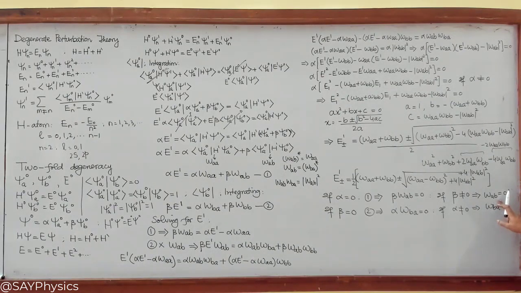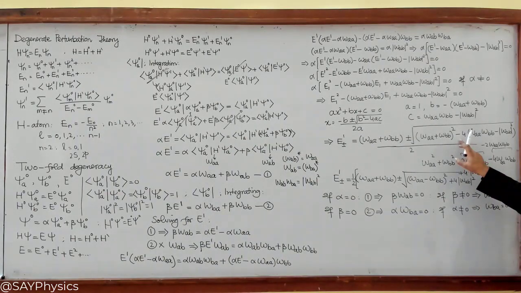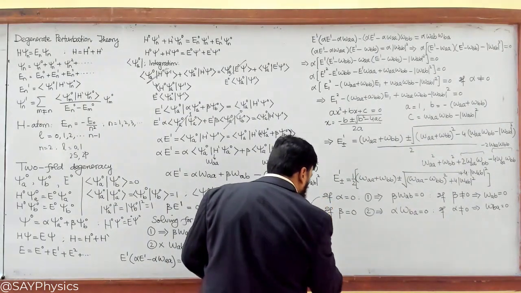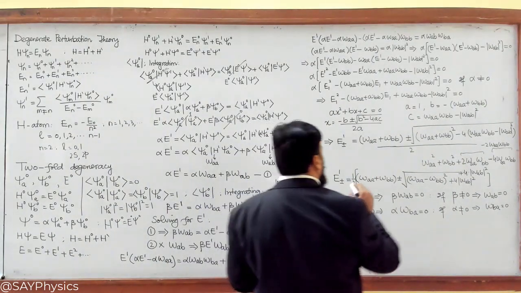Right? If alpha is equal to non-zero, 0, then WAB is equal to 0. And I can come back to this equation, that in this condition, what will be the values?